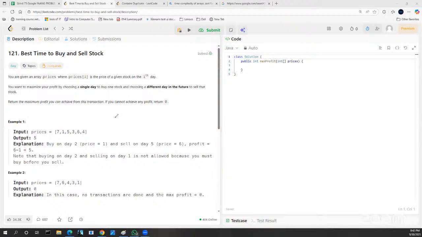I have to go to the coming days to sell. I only sell whenever I have it today, and the days after that I can sell it. I cannot sell anything without buying, if it is making sense to you.